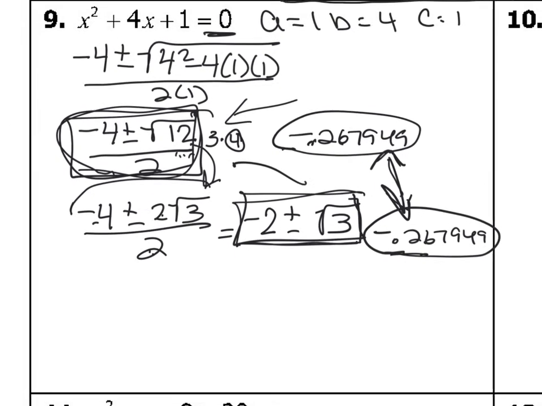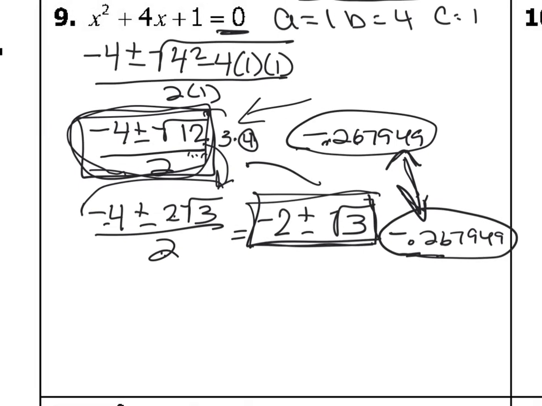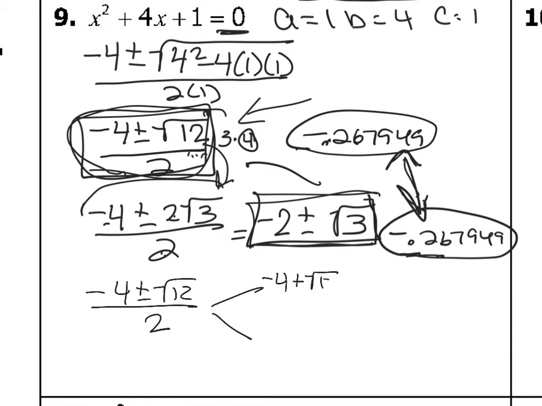What I will take right now is you can take the negative 4 plus or minus square root of 12 over 2, and you can split it: negative 4 plus square root of 12 divided by 2, and negative 4 minus square root of 12 divided by 2.